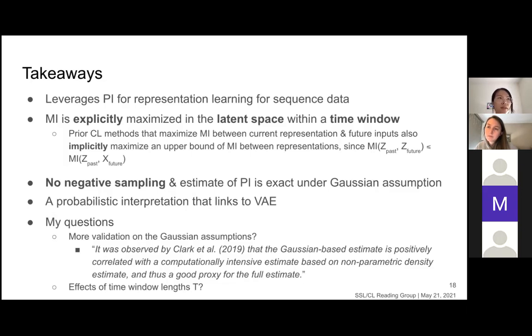But it's kind of trial and error, and it will be different for different types of data. Whereas here you don't really need to perform negative sampling. So I think that might be an advantage of this paper applied to EEG.